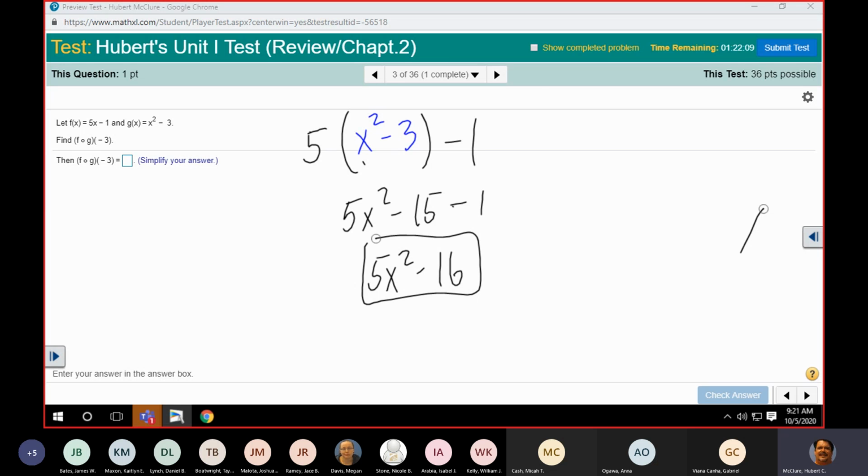Now plug in -3: 5 parentheses squared minus 16, -3 squared, 5 times 9 is 45. 45 minus 16, what is that, 39? I have no idea. What is it? Is it 39? 29. Thank you.